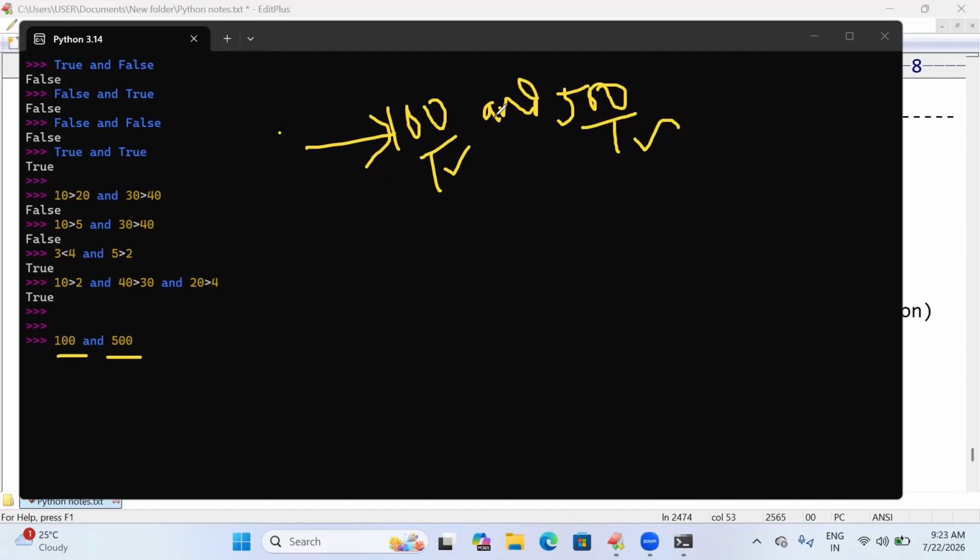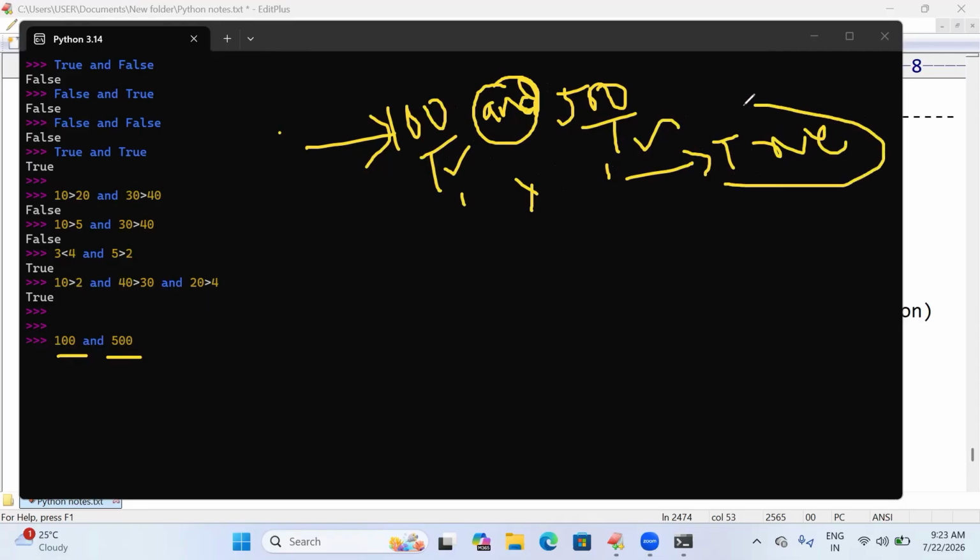When the AND operation is going on, it considers multiplication, right? True is internally considered 1, 1 multiplied by 1, the output is 1, right? True. Those who are thinking the output is true are wrong. It is not going to print the output as true. It is going to print the output as 500.